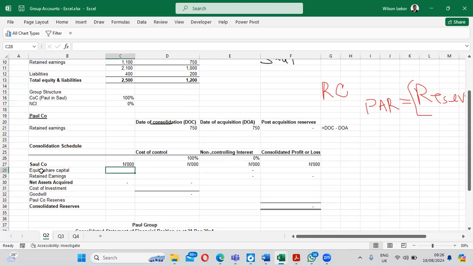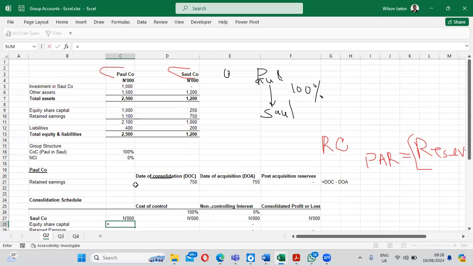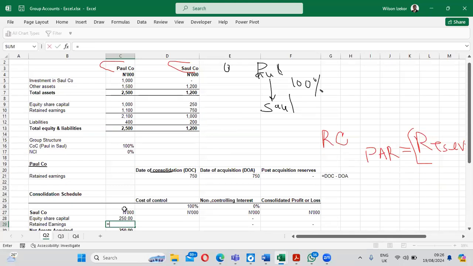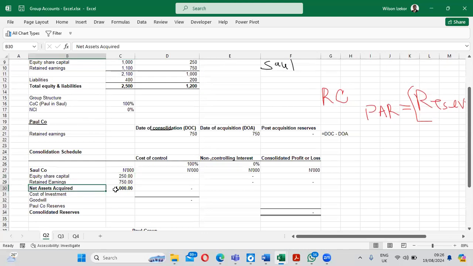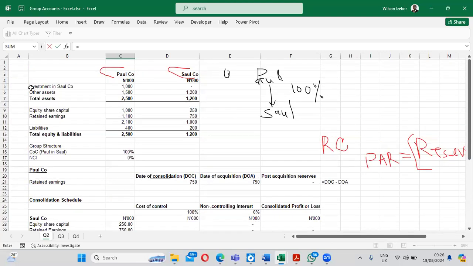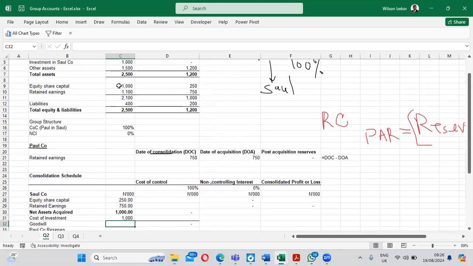The net asset of the subsidiary acquired is made up of the equity share capital of the subsidiary and also the retained earnings of the subsidiary. So if I add the equity share capital and the retained earnings, it gives me the net asset acquired, which is 1,000.